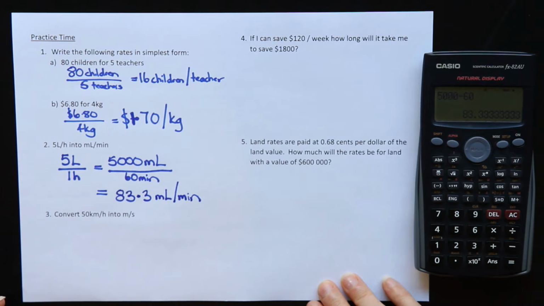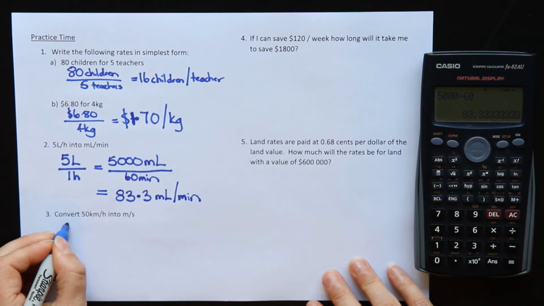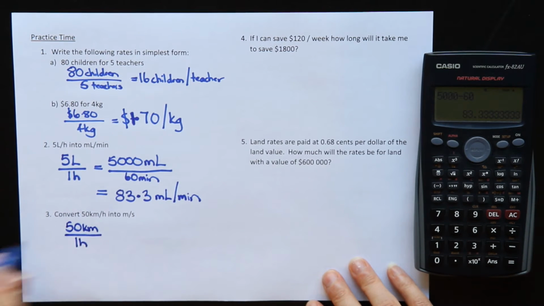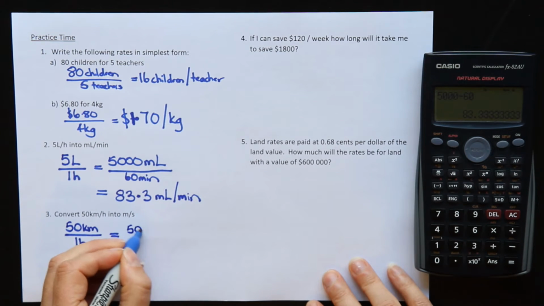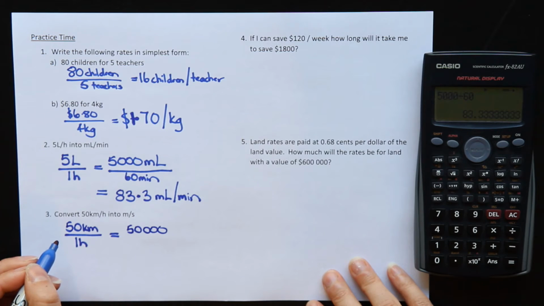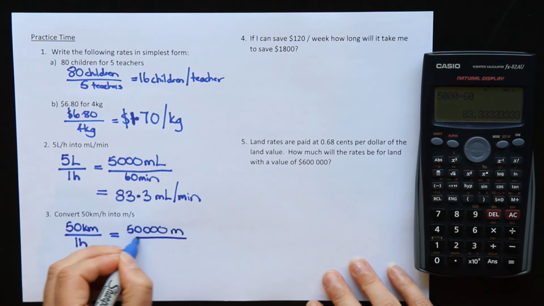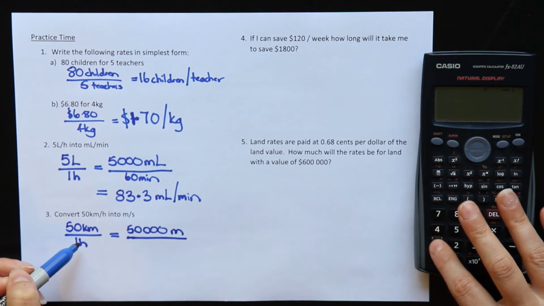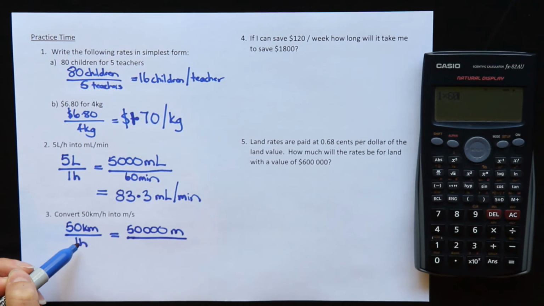Question 3. We want to convert 50 kilometers per hour into meters per second. So 50 kilometers per 1 hour. Okay, changing the kilometers into meters, we would times by 1,000, which would give us 50,000 meters. Now, changing hours into seconds, well, we have to go past minutes first to get to seconds. So we would have to times 1 hour by 60 to put it into minutes.